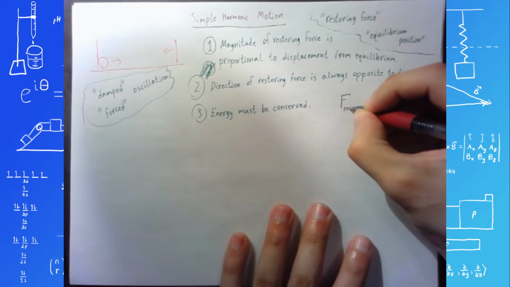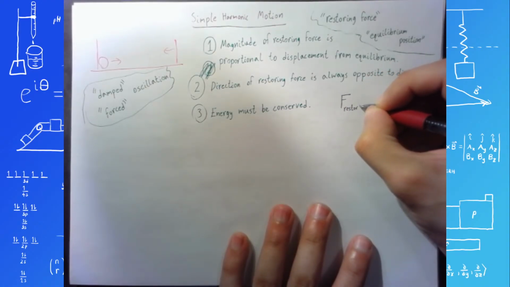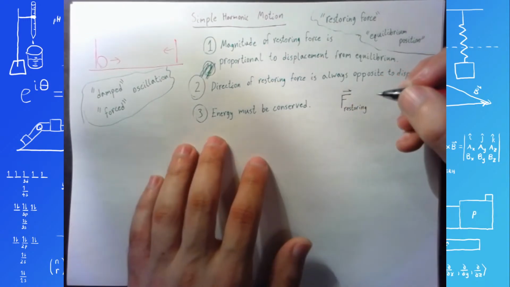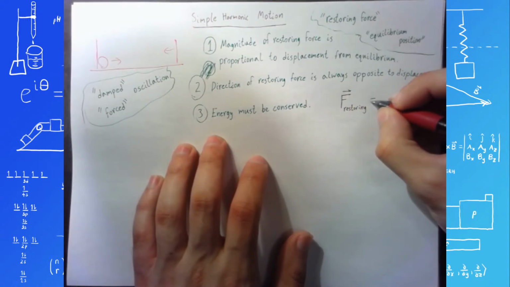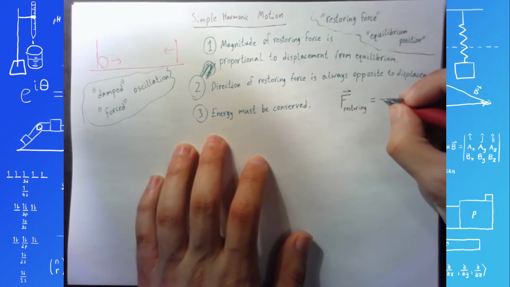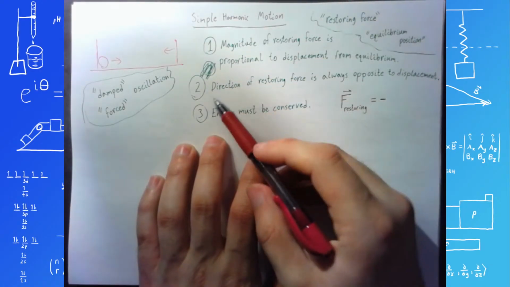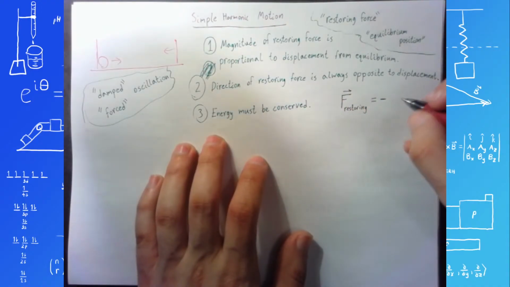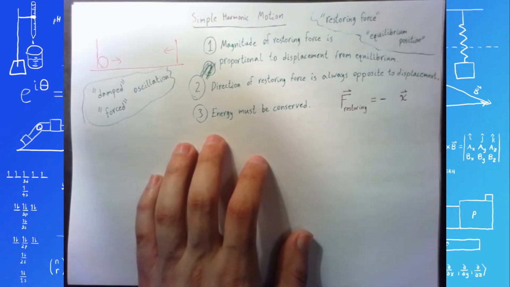Force restoring equals negative, and the negative sign fulfills condition 2, that the direction of the restoring force is always opposite to displacement. And then, of course, the displacement itself, delta x or just x or whatever you want to use for your displacement variable.